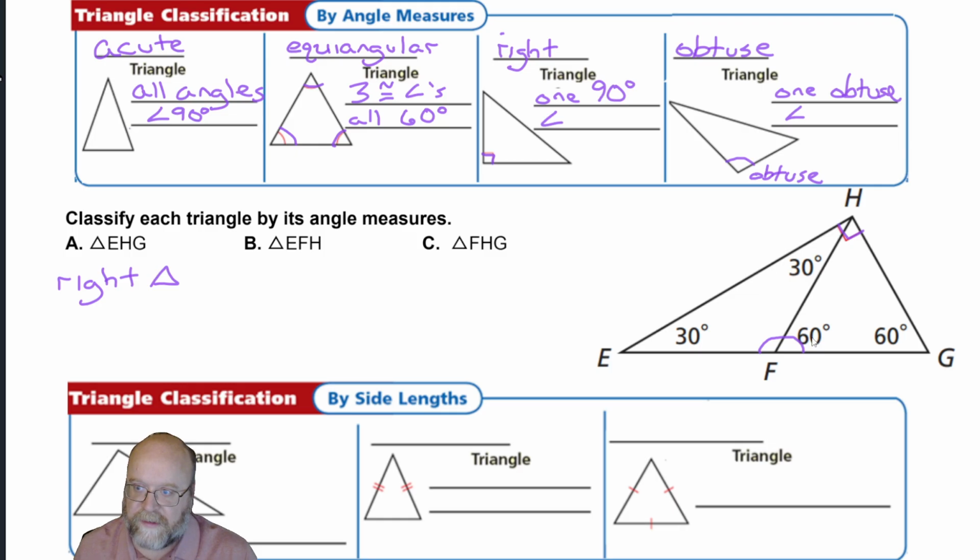So if this is 60, the whole thing's 180. Then real quick, 180 minus 60 is going to give me 120. So this is 120 degrees. What does that mean? Well, that's an obtuse angle. So this is an obtuse triangle.